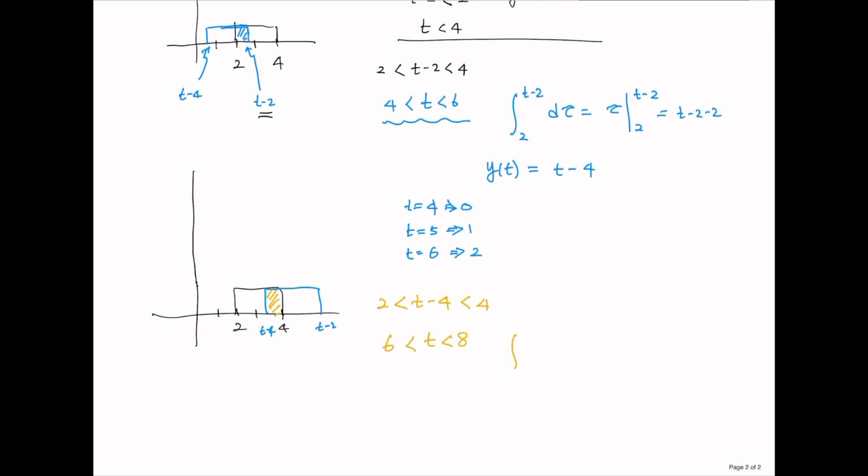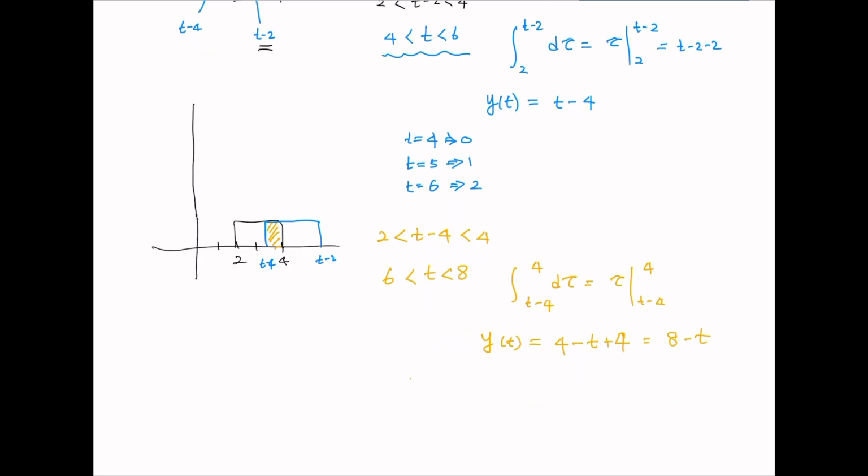We're going to have an integral going from t minus 4 to 4 of d tau, that is tau going from t minus 4 to 4. Then y of t equals 4 minus t plus 4, which is 8 minus t.